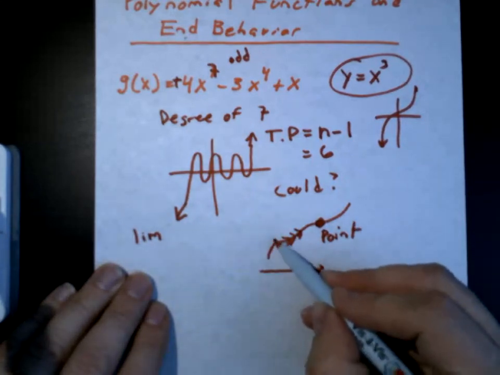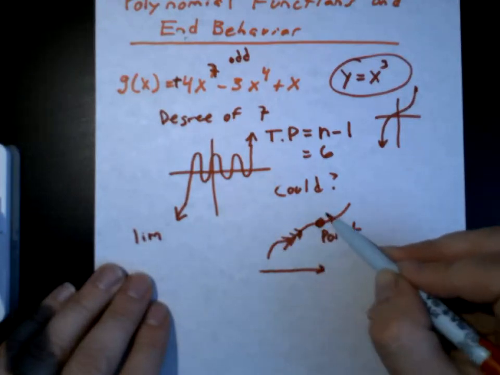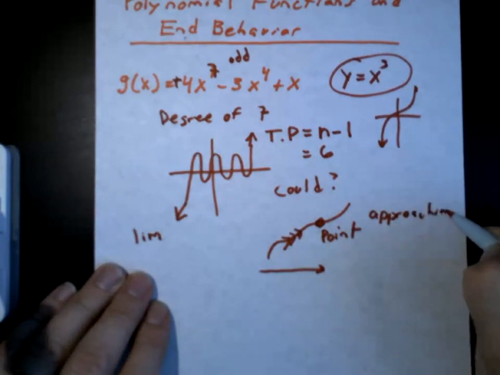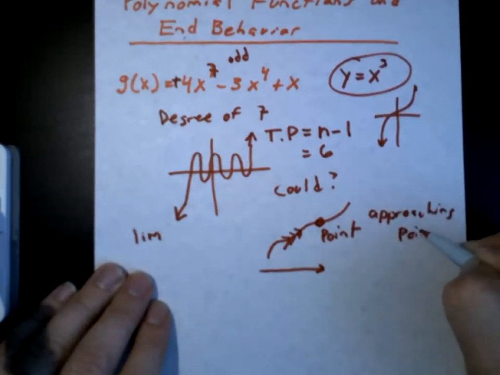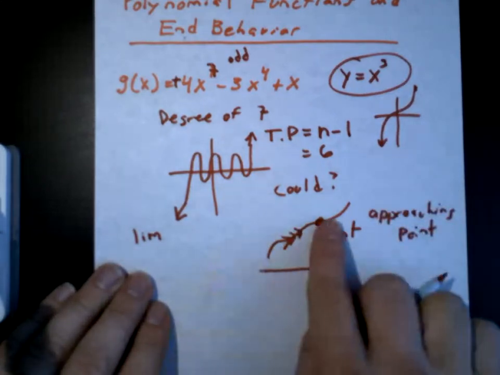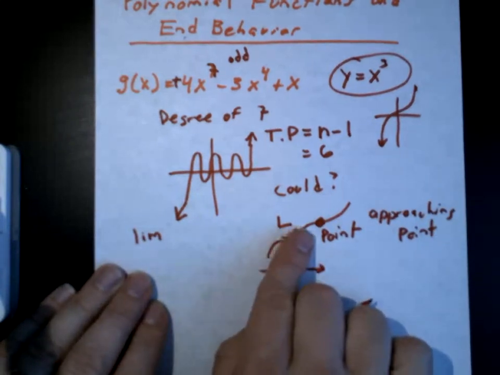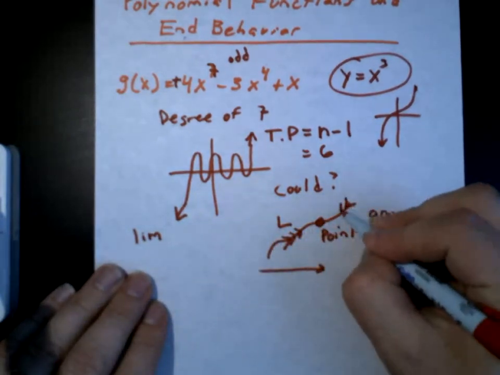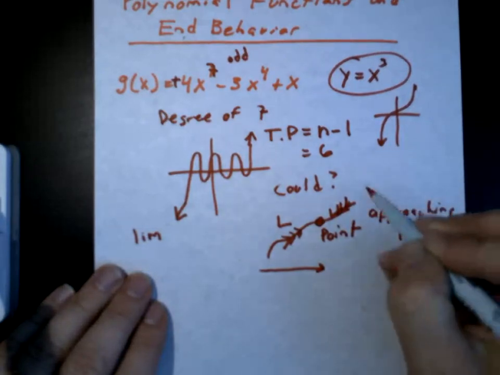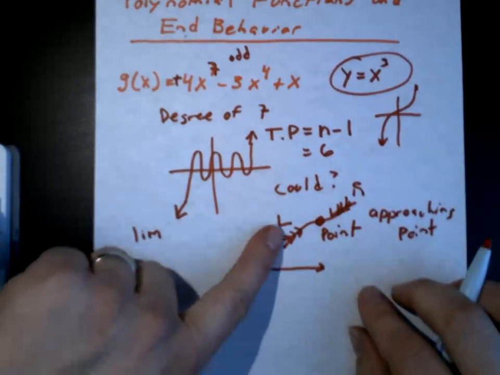As you're going down the river, you are approaching the point. And you're approaching the point from the what? Are you going from the right or to the left? Well, this is the left, so you're approaching it from the left. If I go this way, you are approaching it from the right. Is that correct? Because here's the left, here's the right.